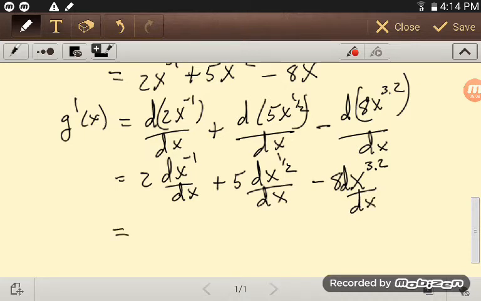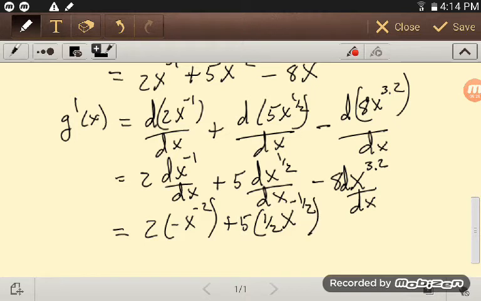And so finally I get my, I'll bring the negative 1 down, right? So that's 2 times negative x to the, and subtract 1 to the negative 2, plus 5 times 1/2 x to the negative 1/2 when I subtract 1 up there, and then minus 8 times 3.2x, and subtracting 1 from that I get 2.2.